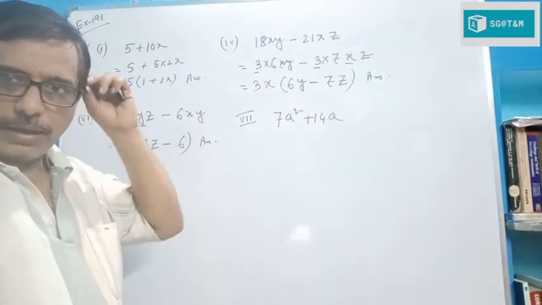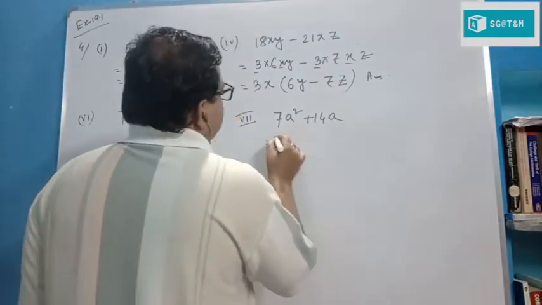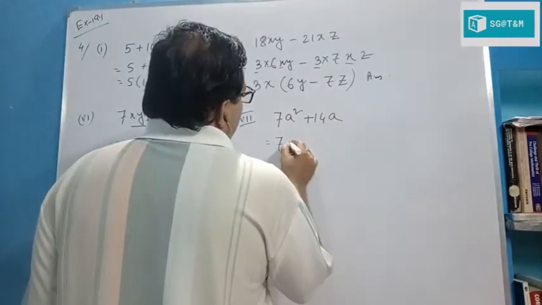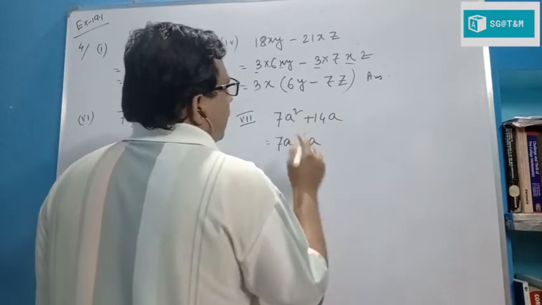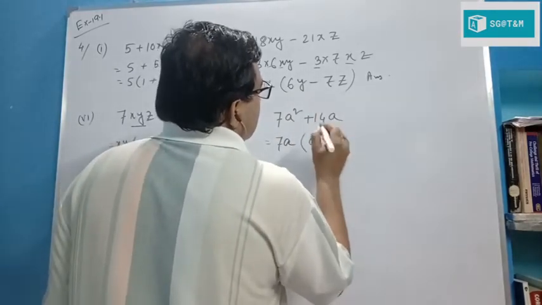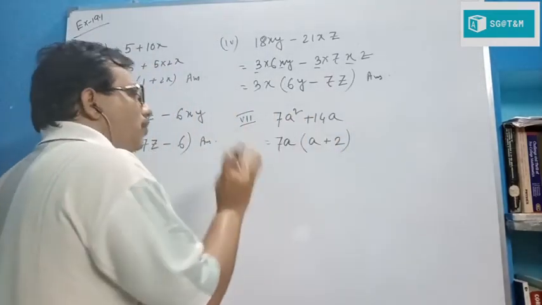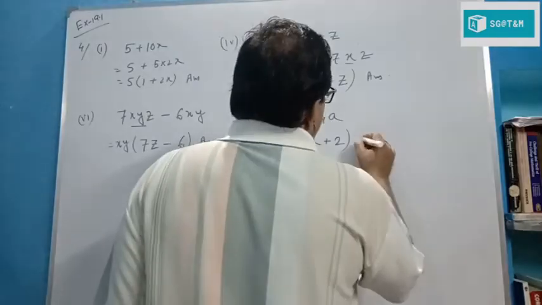If we take common 7 from these two, no problem at all. And this is a square and this is a, so a is common to both also. From the first one it is a, and from the second one it is 2. A is common. 7 into 2 is 14. 7a into a plus 2. This is the answer.